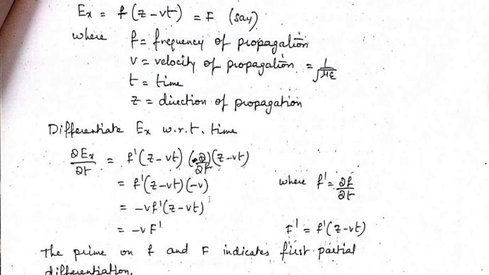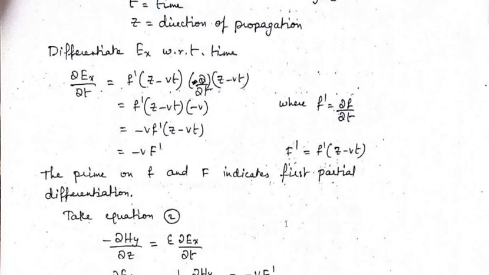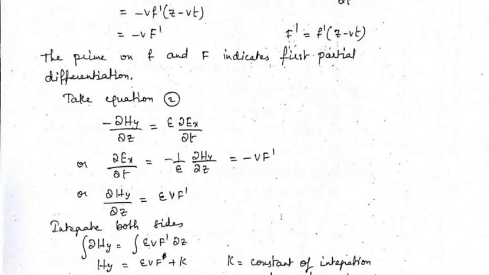Differentiate this, we get minus v f dash (z minus vt), or we can write this as minus v into capital F dash, where capital F dash is equal to small f dash into (z minus vt). This prime on f indicates the first partial differentiation. Now again take the second equation and follow the same procedure, equate it to minus v into f dash.